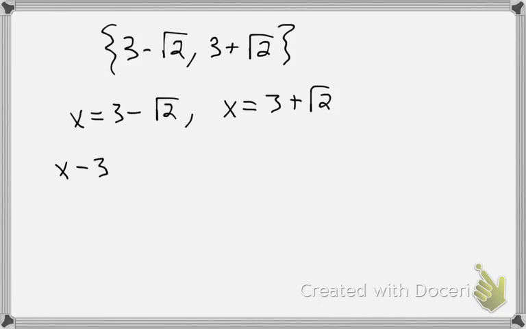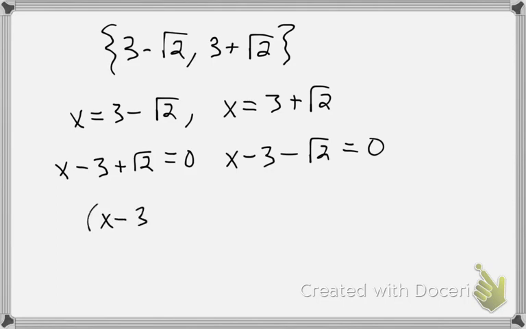So x minus 3 plus square root of 2 equals 0. x minus 3 minus square root of 2 equals 0. You guys on board? That means their product, x minus 3 plus square root of 2, x minus 3 minus square root of 2, should equal 0.